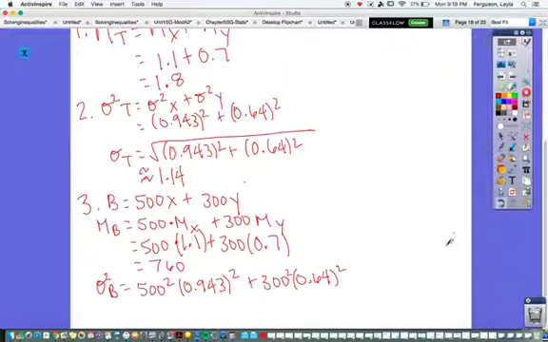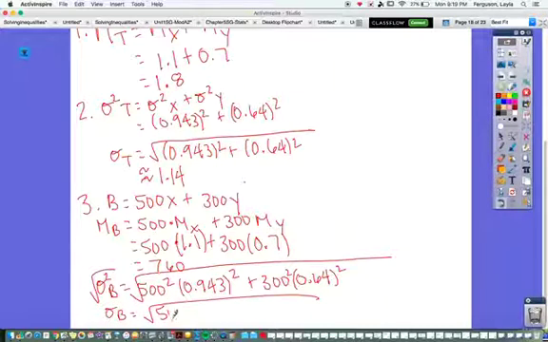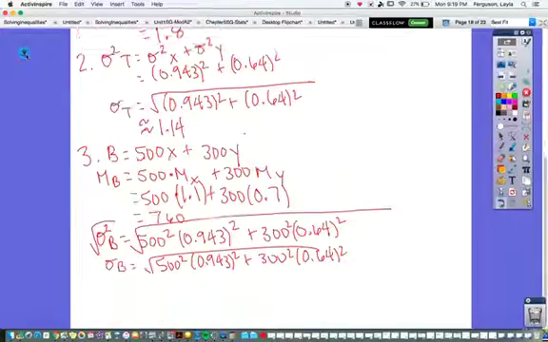And that's also squared. And I'm finding the square root of all of that, so that's going to give me the standard deviation. Square root of 500 squared times 0.943 squared plus 300 squared times 0.64 squared.